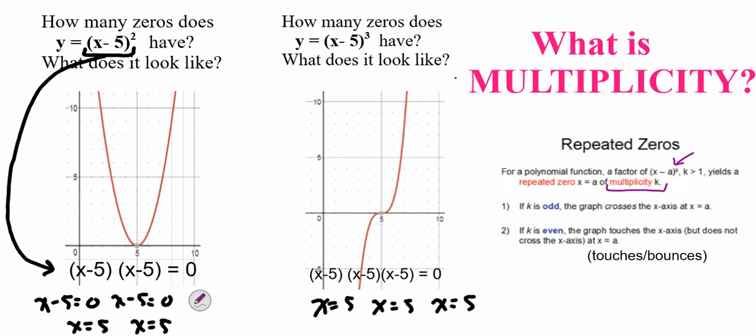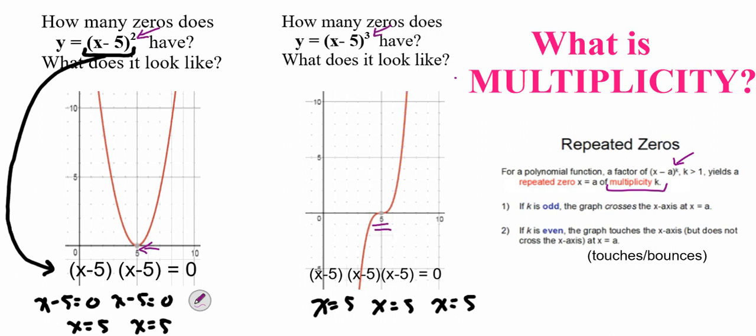So if our function was just a binomial squared or a binomial cubed, or when you took your polynomial and factored, one of your factors is squared or cubed, then you know you have a repeated 0 at that x with the multiplicity of whatever your exponent is. So we'd say we have a repeated 0 at x equals 5 with a multiplicity of 2. Here we would say we have a repeated 0 at x equals 5 with the multiplicity of 3.